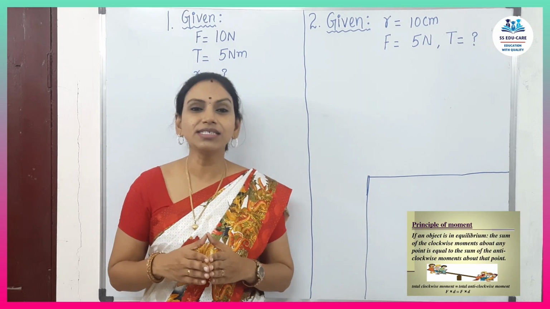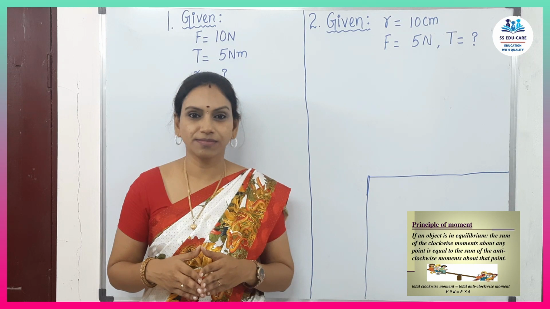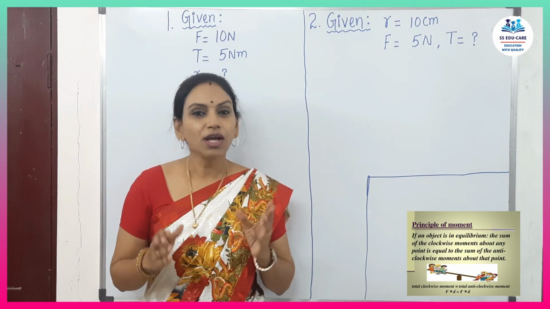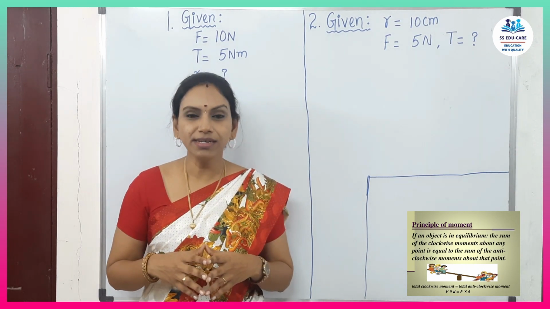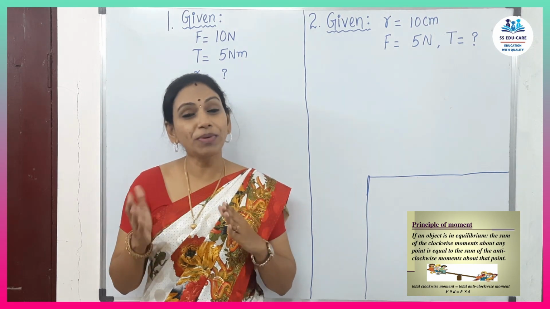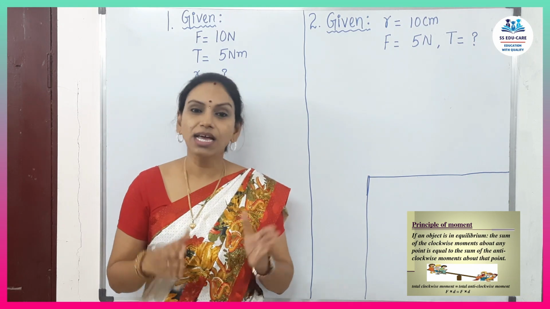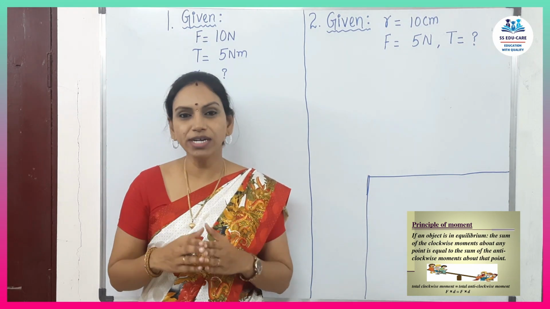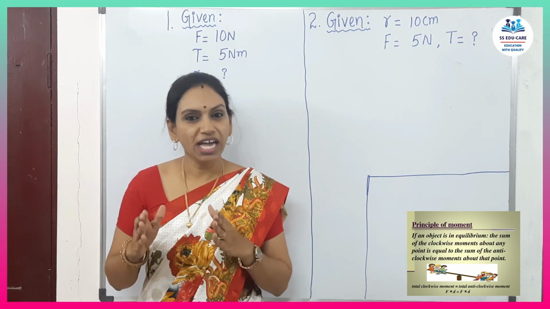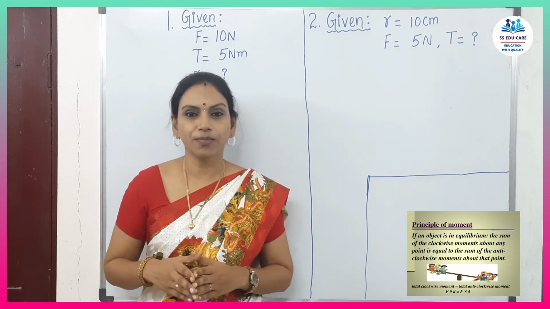Formula 3 is the principle of moments. When 2 forces are taken, and 2 perpendicular distances are there, we will write the formula as F1 into R1 is equal to F2 into R2.